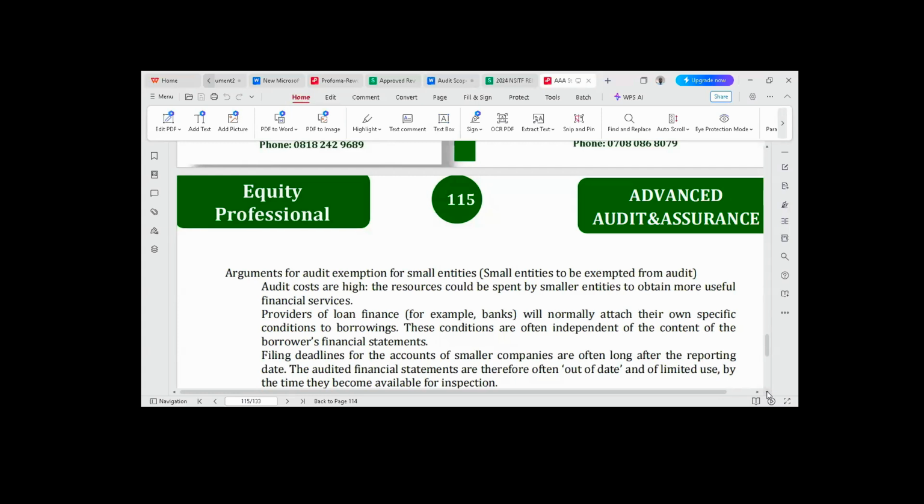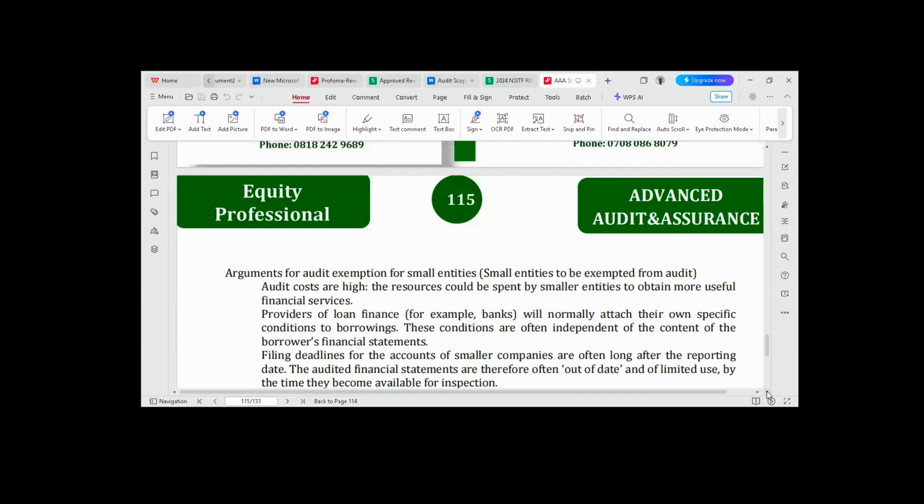Number two, providers of loan finance will normally attach their own specific conditions to borrowing, and these conditions are often independent of the content of the borrower's financial statement. Once you take a loan from the bank, aside from looking at your financial record, they are going to do what we call due diligence on the company.